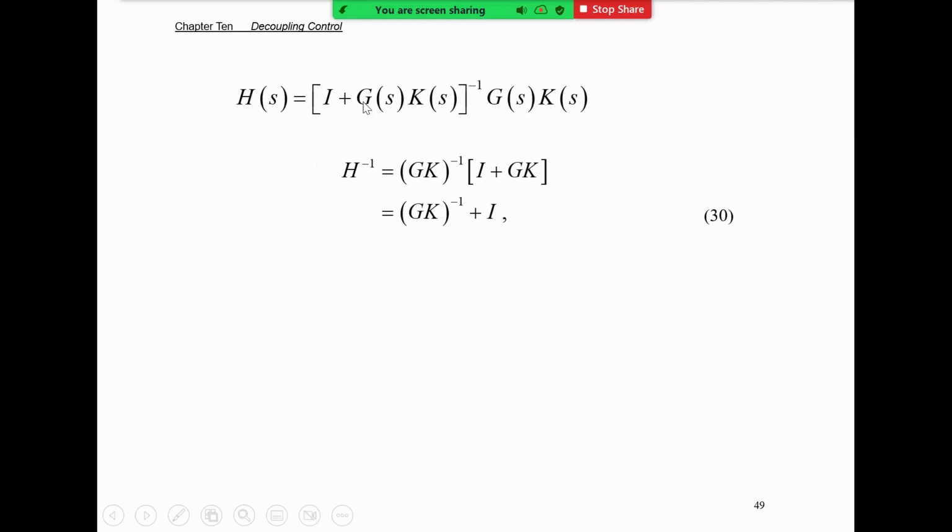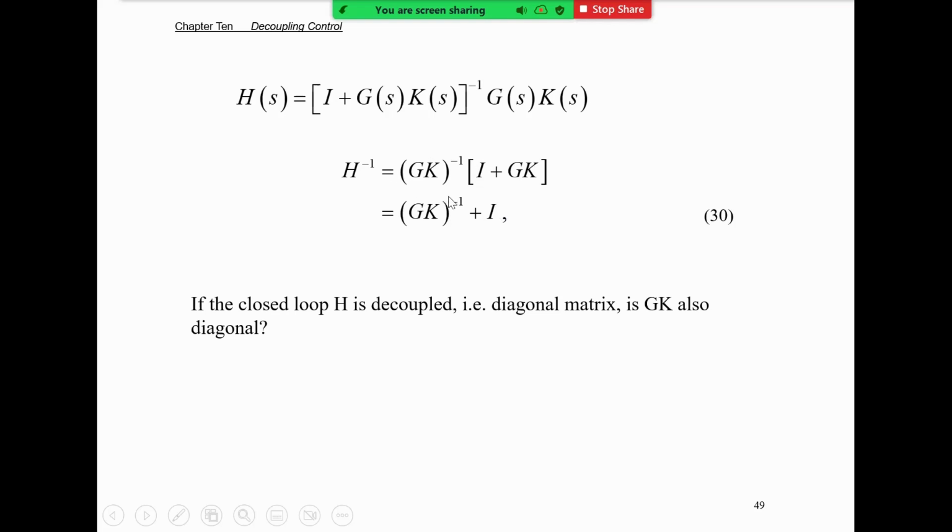The inverse of this matrix is just the identity matrix plus GK. So eventually we get this expression: the inverse of this closed loop equals the inverse of G times K plus the identity matrix. The point I want to show is, you look at this expression.